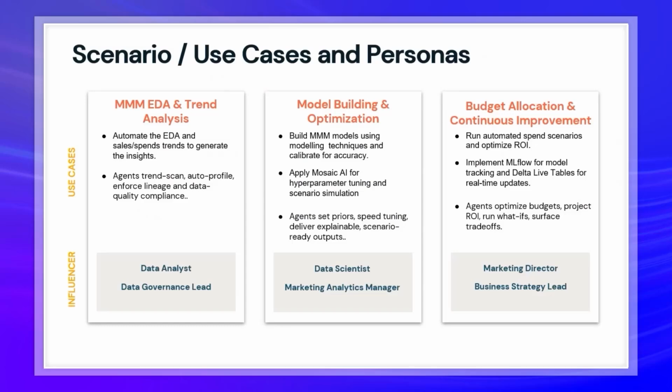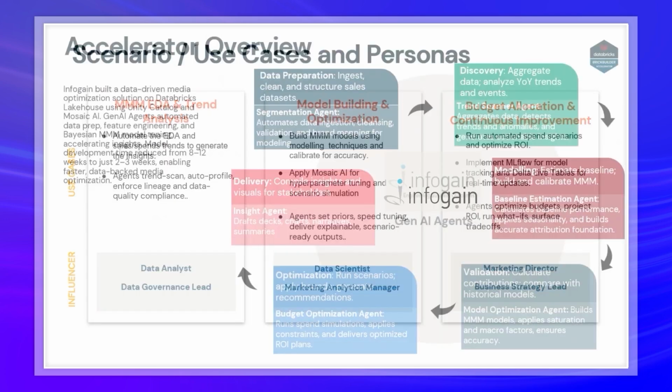The third scenario is budget allocation. Using the results from the model, whatever coefficients we got, we determine the optimal spend for higher sales. The agent optimizes all the budgets, showing where we should put the budget to get optimized sales and better ROI.